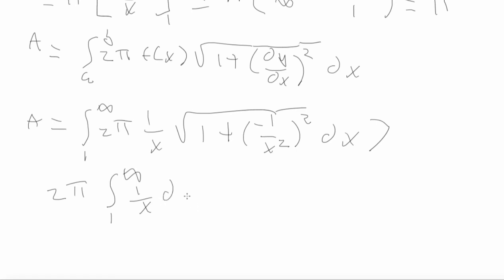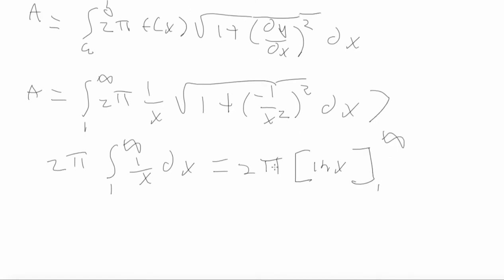So let's do that. The antiderivative of 1 over x is just going to be the natural log of x. So that's going to be 2 pi times natural log of x from 1 to infinity.